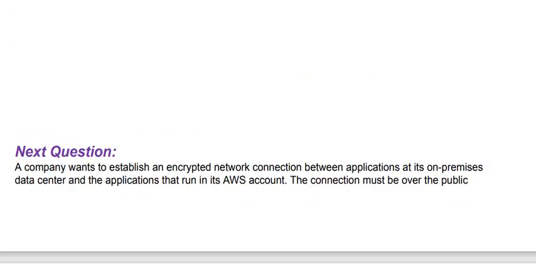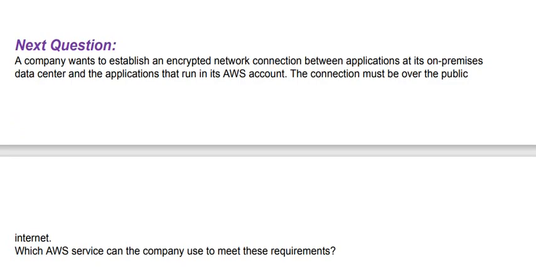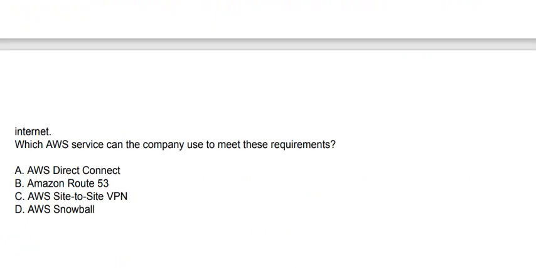Next question is, a company wants to establish an encrypted network connection between applications at its on-premises data center and the applications that run in its AWS account. The connection must be over the public internet. Which AWS service can the company use to meet these requirements?